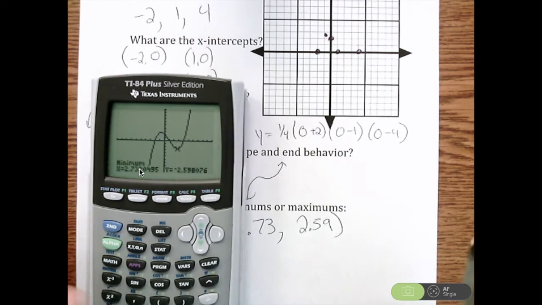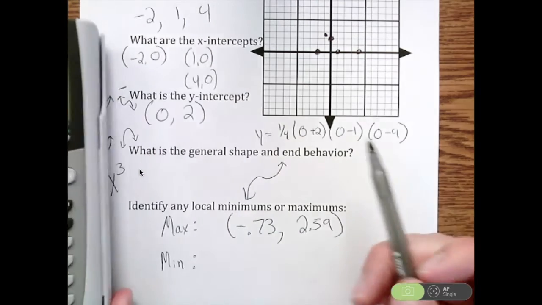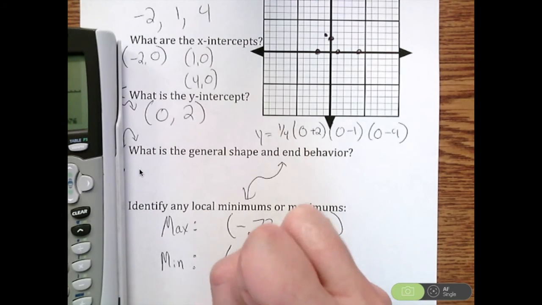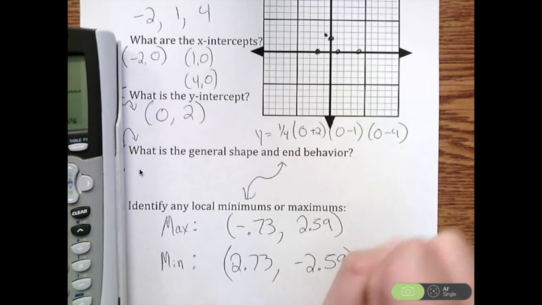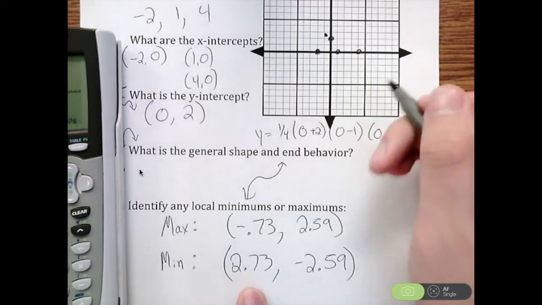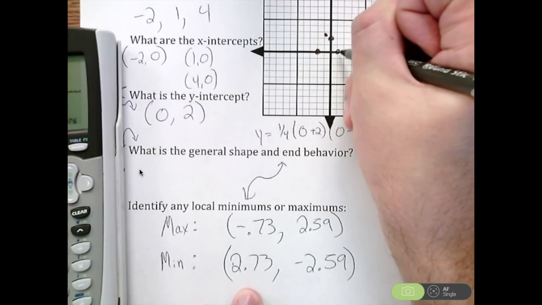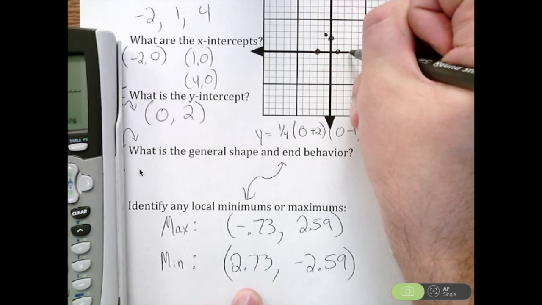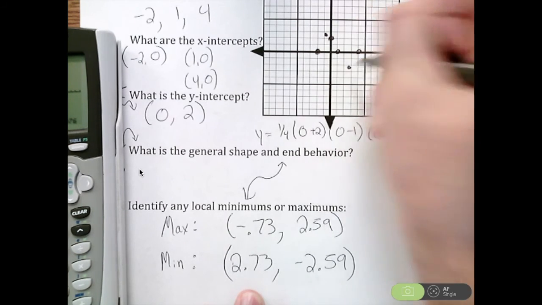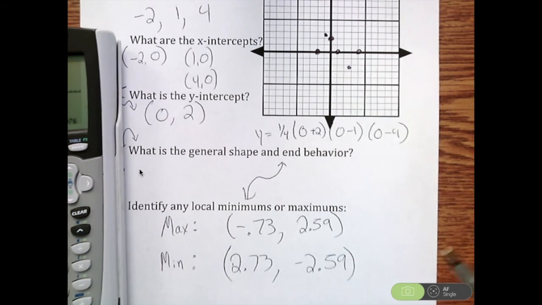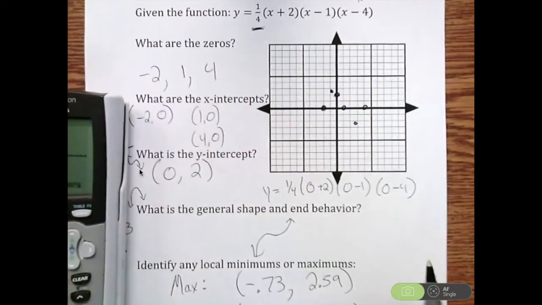And it's going to tell us 2.73 and negative 2.59. So I can transfer that to my graph. 2.73, and about down 2.5, which is right around there. Only thing left to do is actually sketch the curve here.